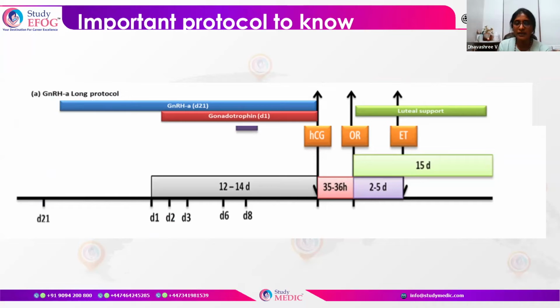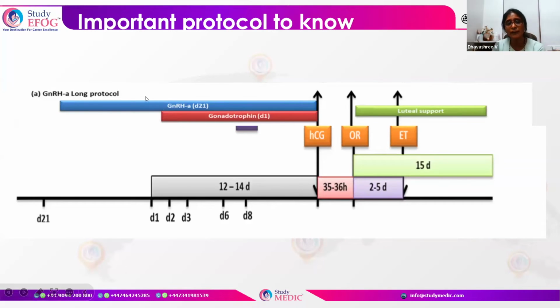We give leuprolide from the 21st day of the previous cycle, so that even if there is an initial flare, when we give it long term, it causes a suppression, a down-regulation of the receptors, thereby totally suppressing the LH. It will prevent the LH surge.